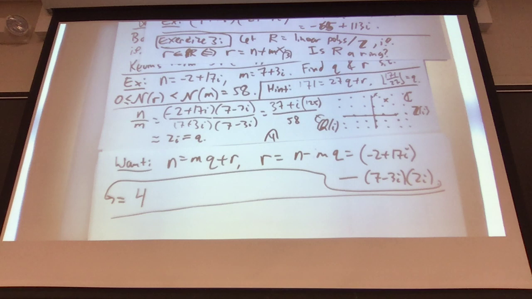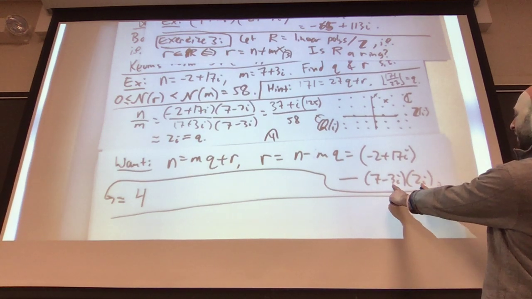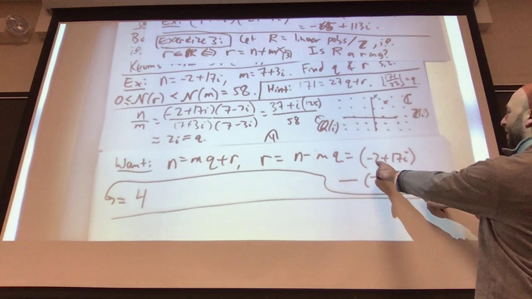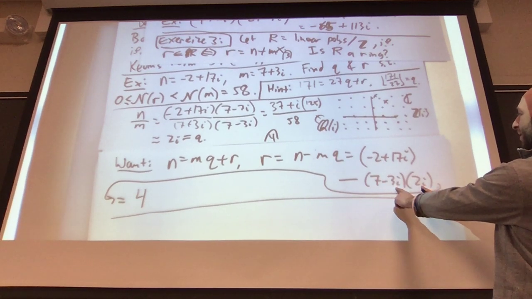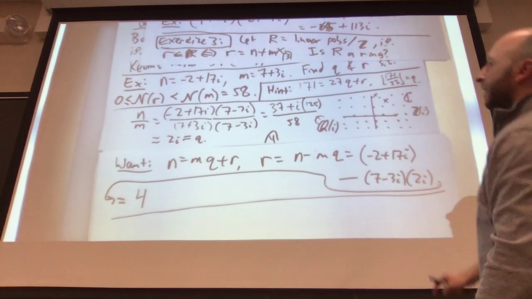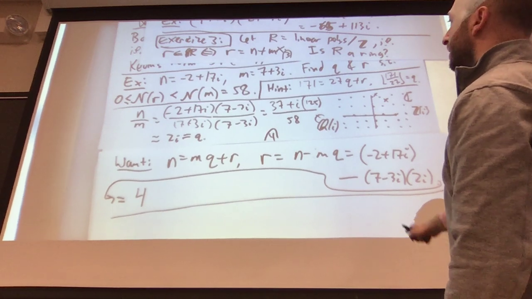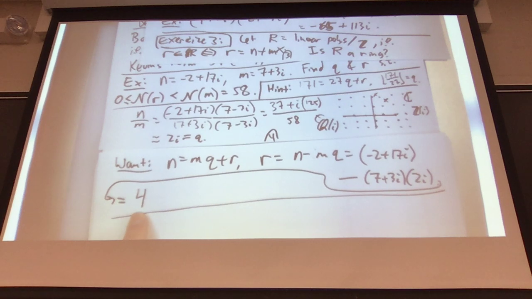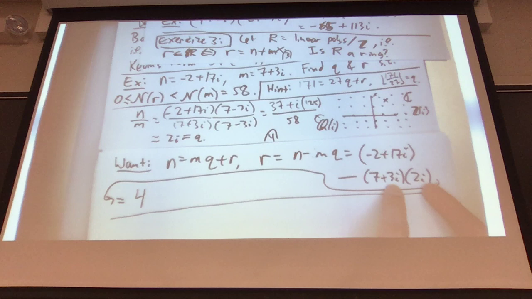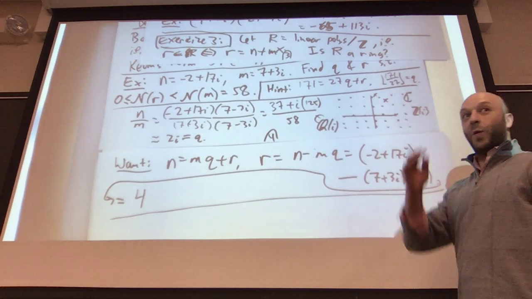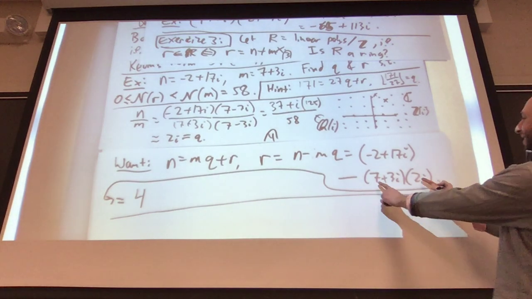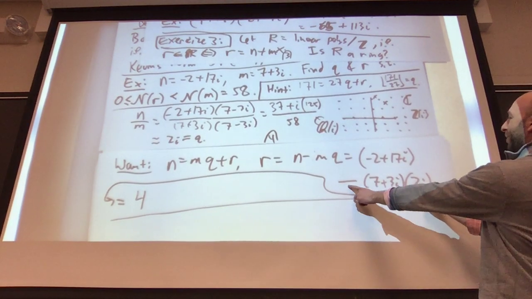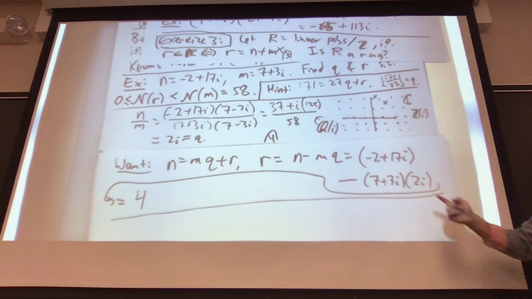How did you get 7? I'm getting negative 6 and a minus 2. m is 7 plus 3i, great. So 4. And how about here? 7 times 2, 14, with a minus sign. 17 minus 14, plus 3i.